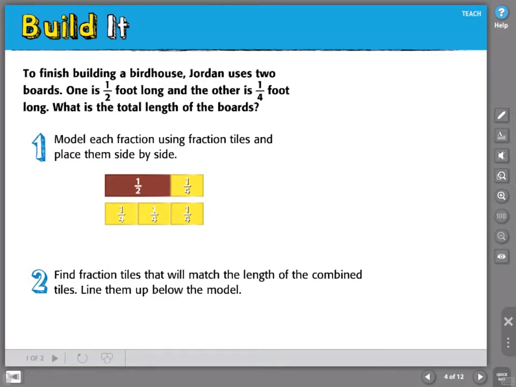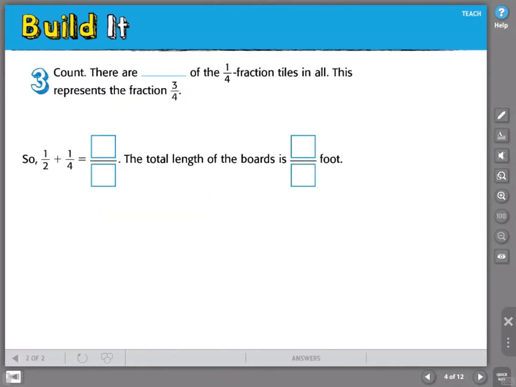I can use the 1/4 fraction tiles to fill the length of 1/2 and 1/4. There are 3 1/4 fraction tiles in all. This represents the fraction 3/4. So 1/2 plus 1/4 equals 3/4. So the total length of the board is 3/4 of a foot.